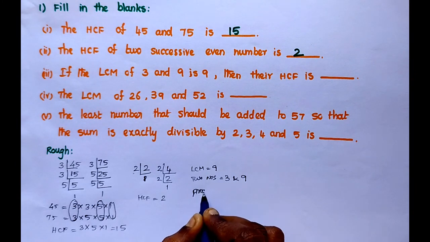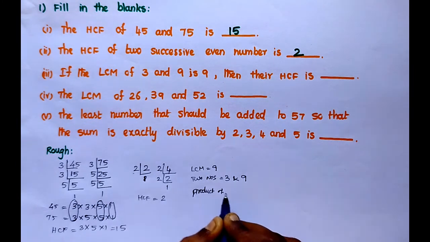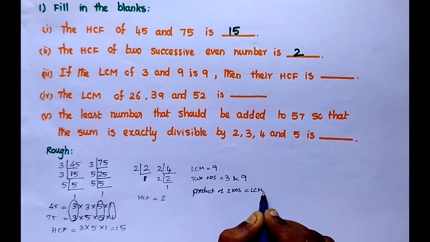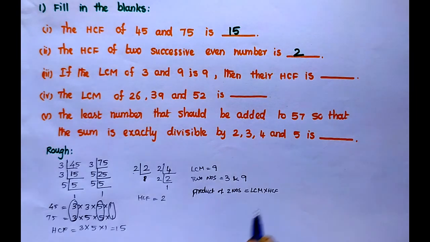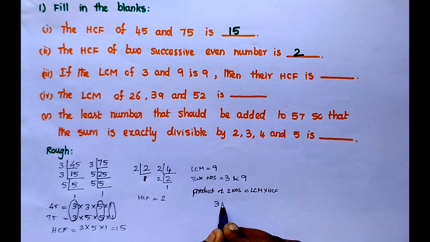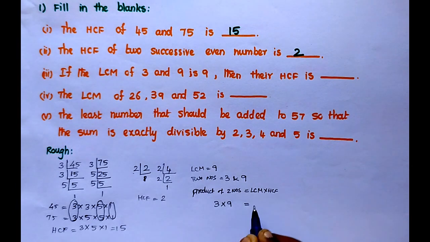The product of two numbers equals LCM into HCF. So 3 into 9 equals 9 into HCF. 9, 9 cancelled. Then what is HCF? HCF equals 3.